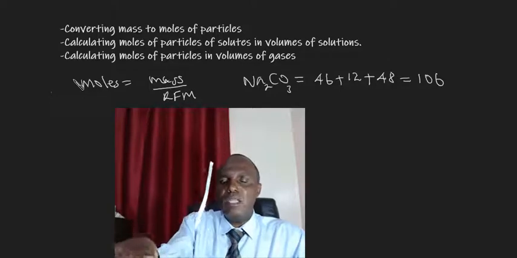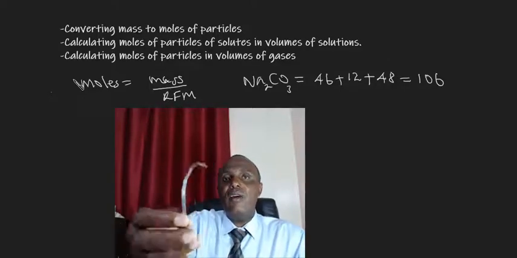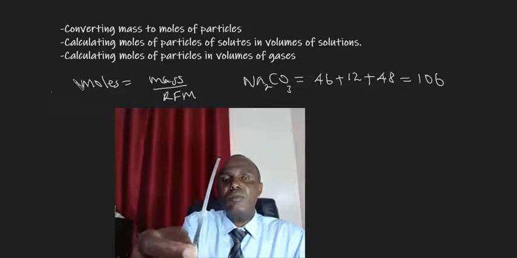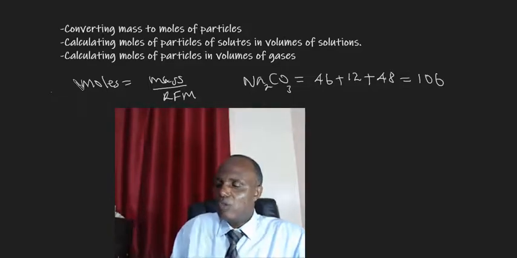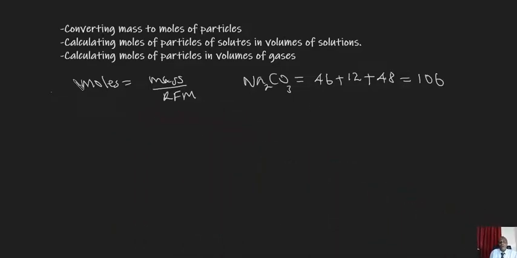The relative atomic mass of magnesium is 24, and the mass we have is 0.3 grams.